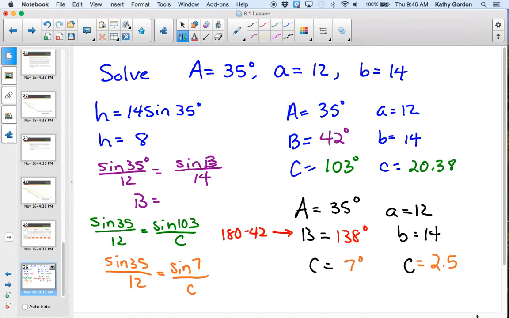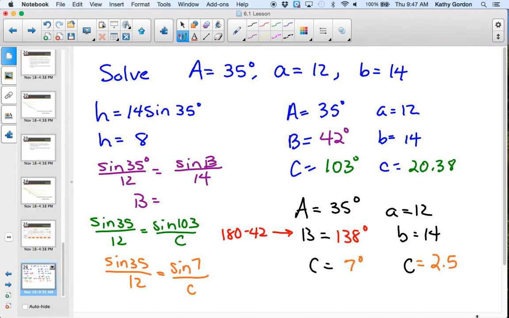Okay? So that's the process you're going to kind of go through. First, decide if you're dealing with an SSA. If you are, then think about the 6 scenarios. Look at what kind of angle they give you first, because that'll tell you if you're talking about the 2 obtuse or the 4 acute.